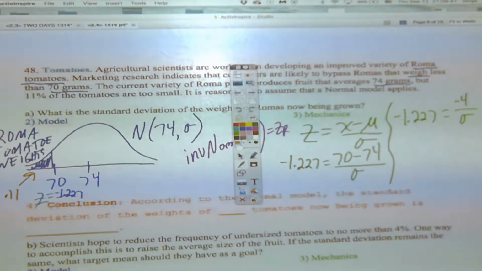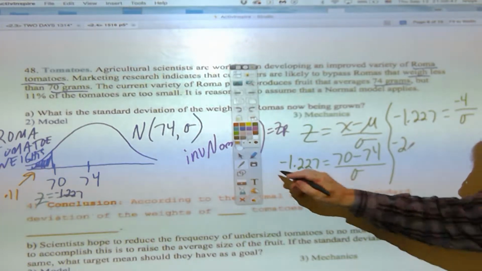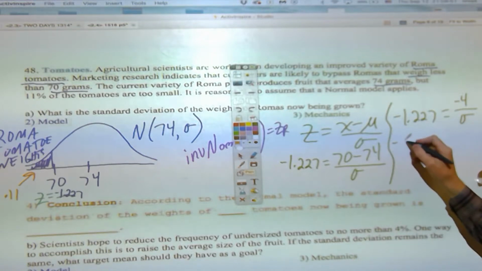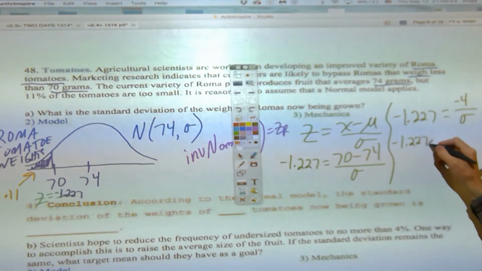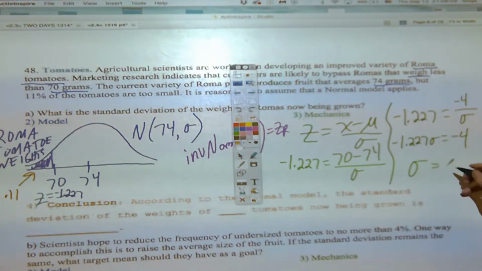I'm going to multiply both sides of this equation by sigma. The sigma cancels on the right. We get negative 1.227 sigma equals negative 4. All that remains is to divide both sides by negative 1.227. The negatives cancel, giving me 4 over 1.227.